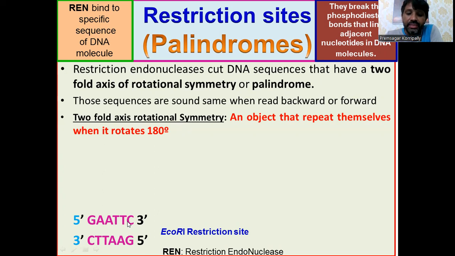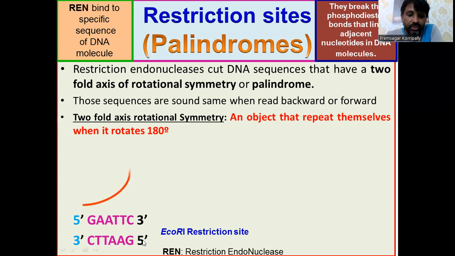So GAATTC. Again, 5 prime GAATTC. Here the first strand where I have 5 prime is blue color and 3 prime is black color. In the complementary strand, 3 prime is blue and 5 prime is black color.